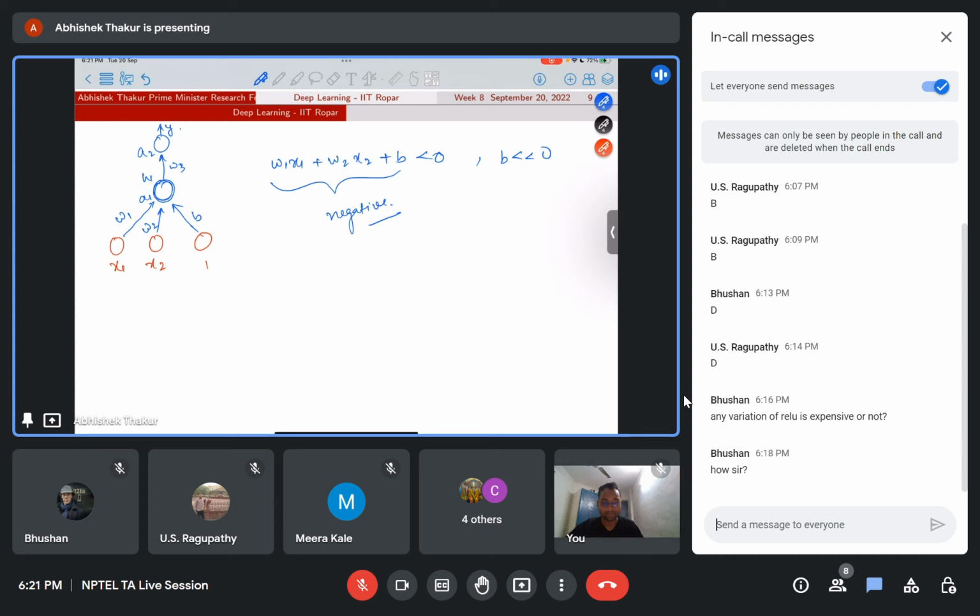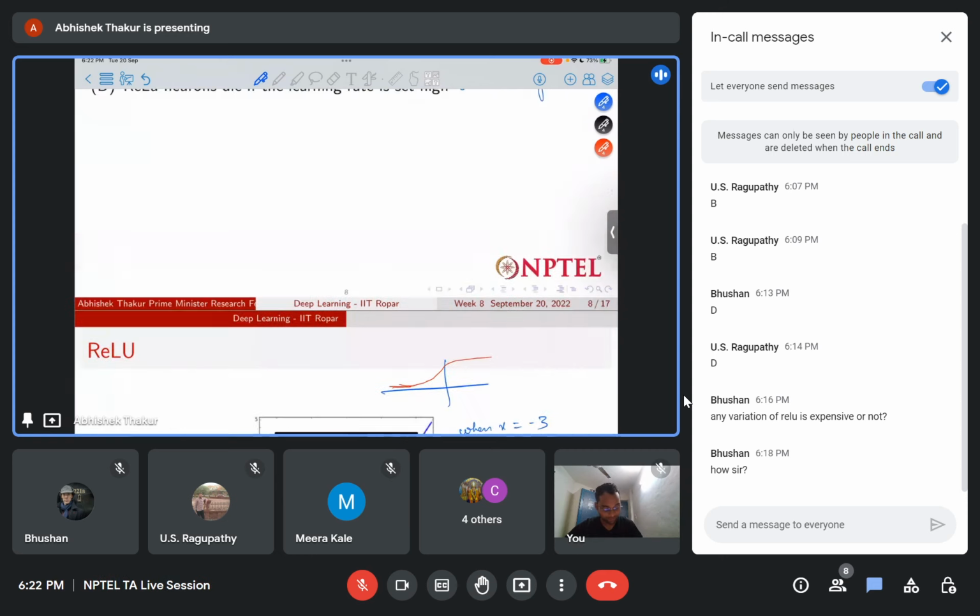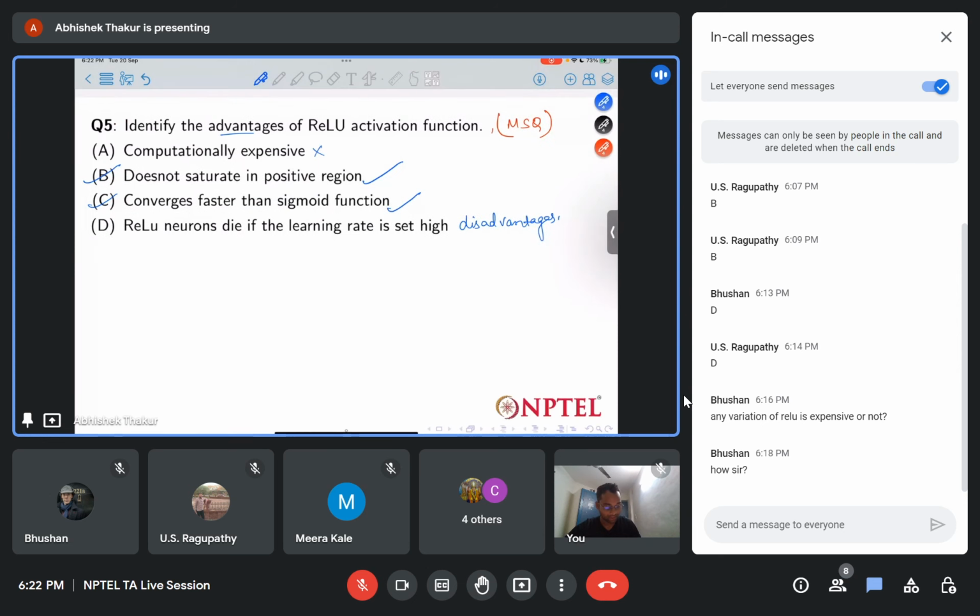It will not participate later on, and the weights and other parameters will not get updated because the derivative will become zero. This is the disadvantage when you set the learning rate, or even the bias, more negative. So for this question, options B and C are correct, and A and D are not the correct options.